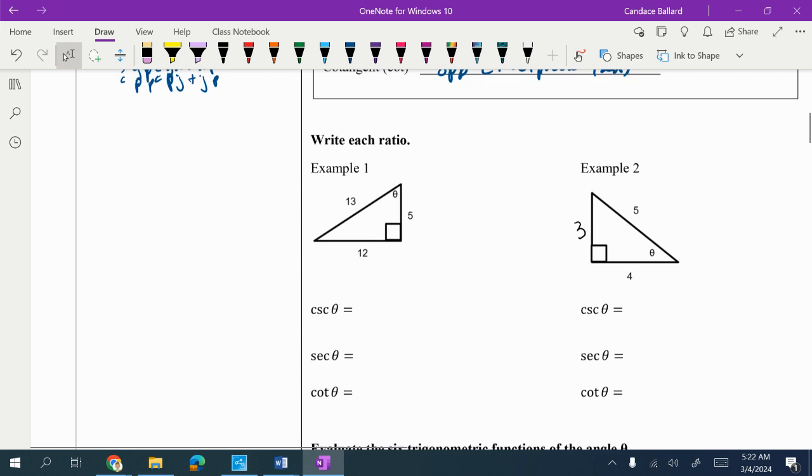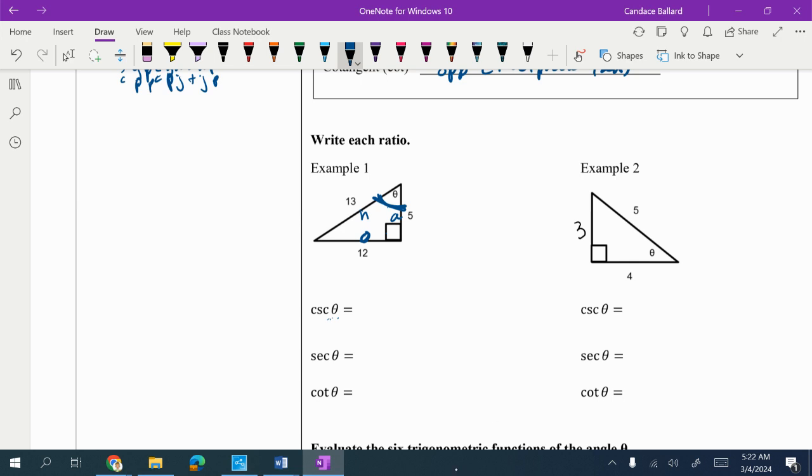So what we're first going to do is write each ratio in this first example. So here's my reference angle. I'm going to label the triangle again, just like we were doing. The opposite is across from the reference, across from the 90 is the hypotenuse, and whatever's left is the adjacent.